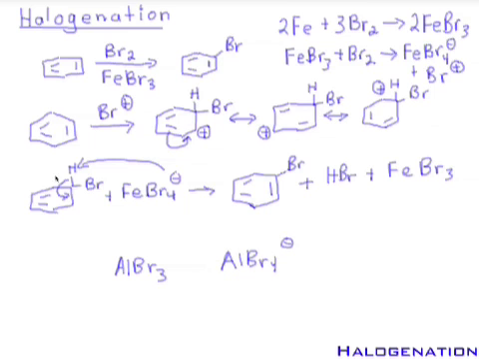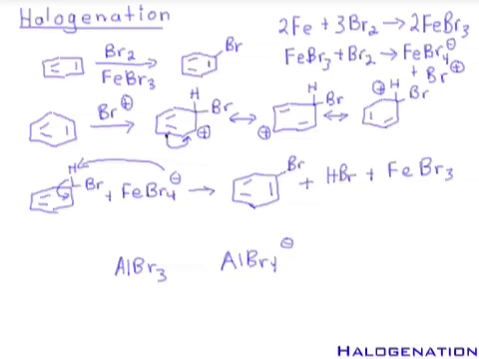And AlBr4- would attack the proton, giving us HBr and restoring AlBr3. Both AlBr3 and FeBr3 are Lewis acids. Notice I could change to chlorine and make chlorobenzene this way. I could use Cl2 and FeCl3. Or I could use Cl2 and AlCl3. All work.